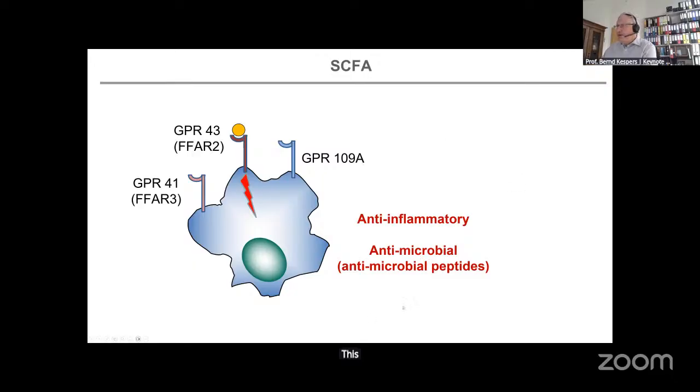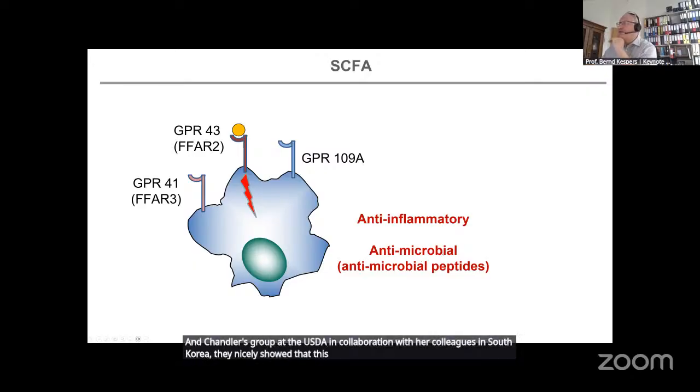So this has been shown in mice, and Jan Lillehoj's group at the USDA, in collaboration with her colleagues in South Korea, nicely showed that this is also the case in the chicken. So butyrate will induce the production of antimicrobial peptides in macrophages.